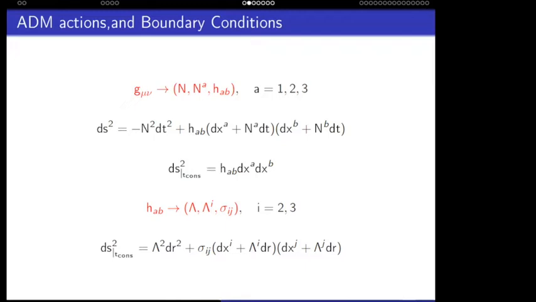For instance, in spherical coordinates, this will be something like r_ij. Forgetting about all these degrees of freedom, you can forget about this. These are the angles of the sphere. And here you have 1, and here you have r squared.